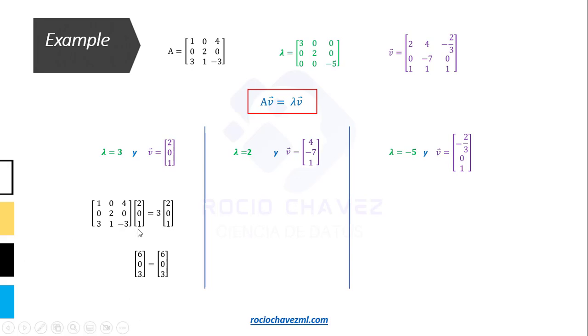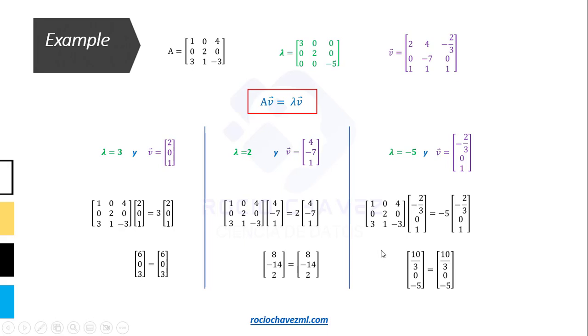We multiply the third row, 3 times 2 plus 1 times 0 plus minus 3 times 1, and it gives us a total of 3. If we multiply the eigenvalue of 3 by the eigenvector, we see that it yields the same result, 603. We do the same with the other eigenvalues and eigenvectors, and we see that the formula is satisfied for all three.